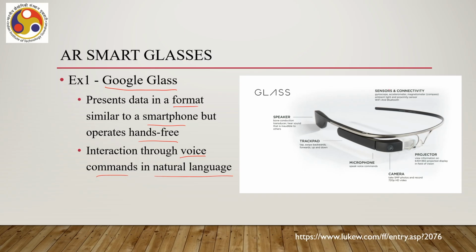You can see there are lots of sensors present here like gyroscope, accelerometer, magnetometer, ambient light and proximity sensors, Wi-Fi and Bluetooth. Also it comes with a speaker, trackpad, microphone, camera, projector, but the power of these components is less as compared to similar components like projector or camera in a headset.